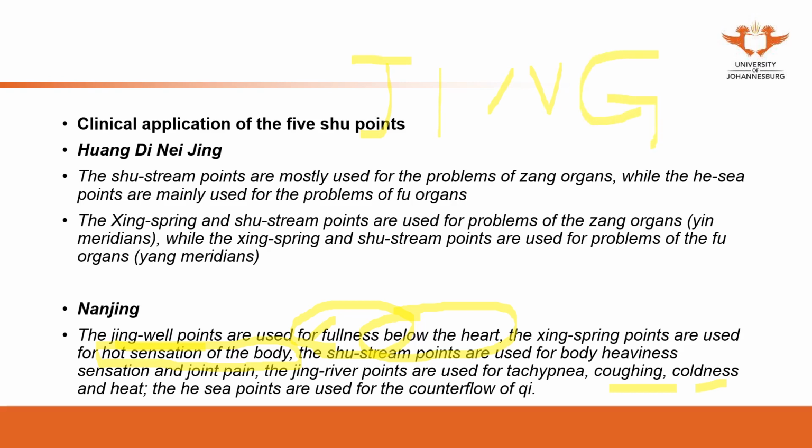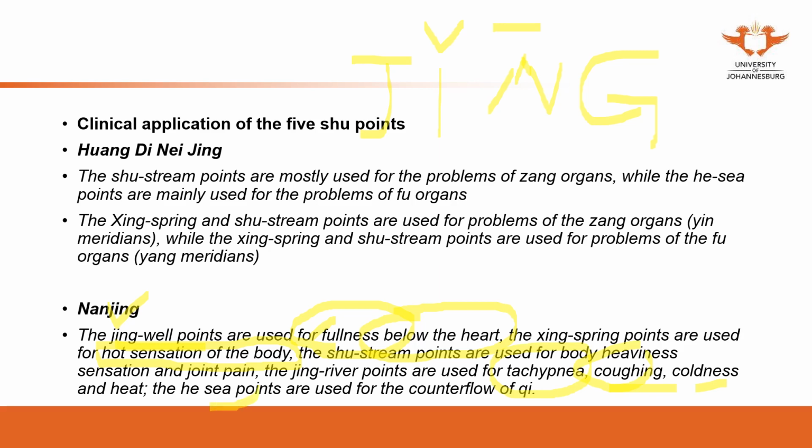These are two different words. The first one is the third tone, and the fourth one is the fourth tone. After your Mandarin study, the course from UJCI, you will understand different tones. The first, Jing-well points, and the Jing-river points can be used for tachycardia, difficulty breathing, and cough.